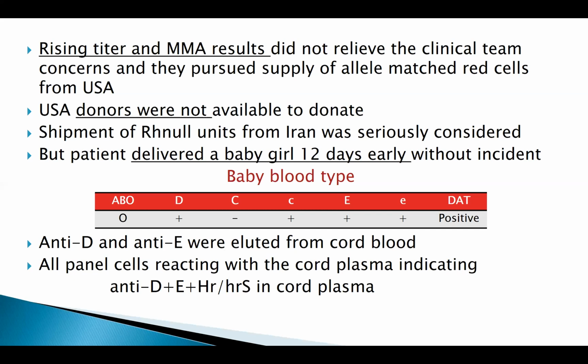The baby's blood, as you can see, was O positive, and the phenotype was big C negative, little c positive, big E positive, little e positive. Anti-D and anti-E were eluted from cord blood. All panel cells were reacting with the cord plasma, indicating anti-D, E, HR, HRS in cord plasma.